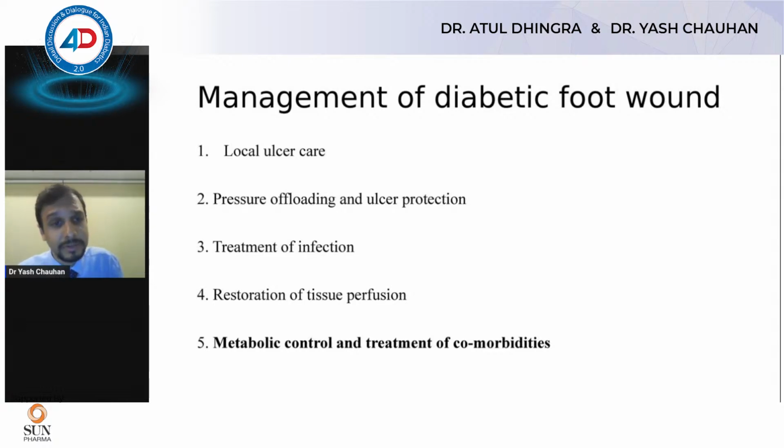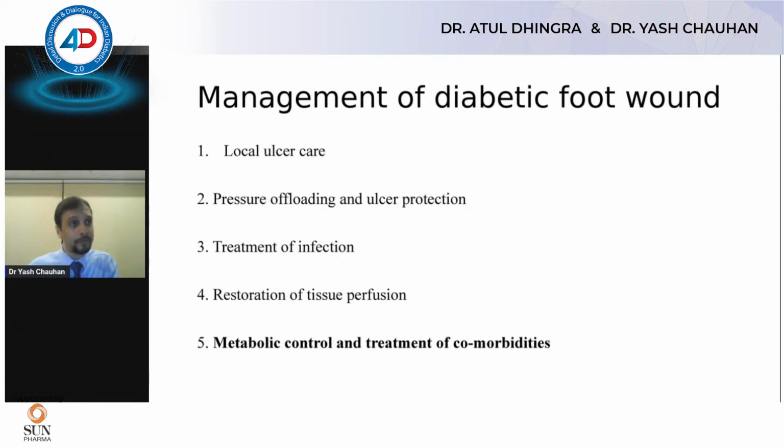The third thing is treatment of infection. It's important to identify what sort of infection there is. The most common organism is usually a gram-positive coccus, but in India we see rampant antibiotic use even for other indications. We've seen resistant organisms. Because India is a tropical, subtropical country, we need to treat both gram positive as well as gram negative bacteria.